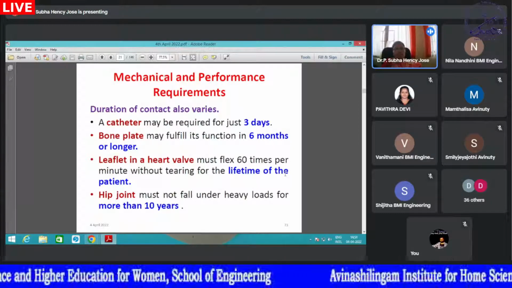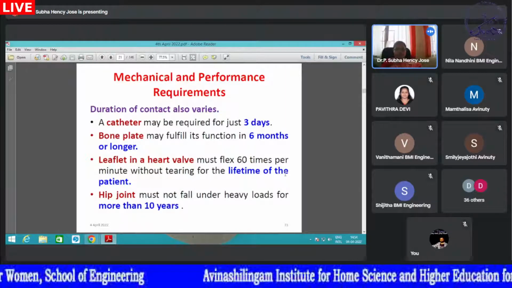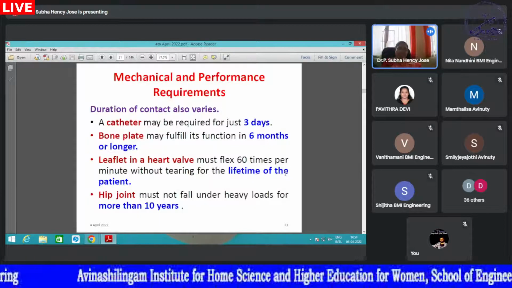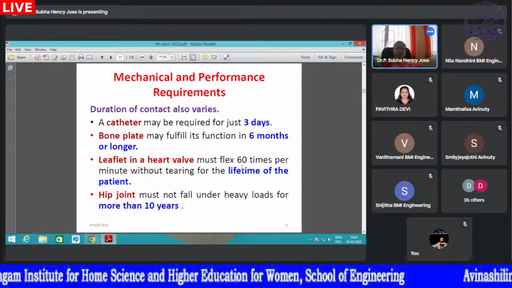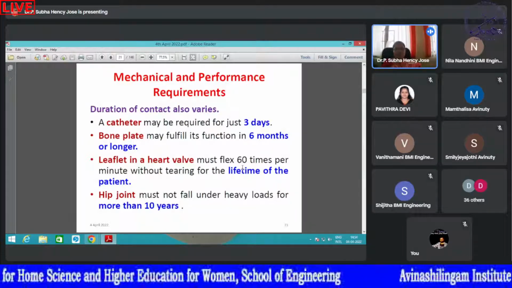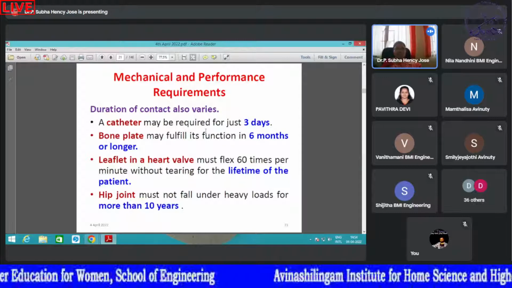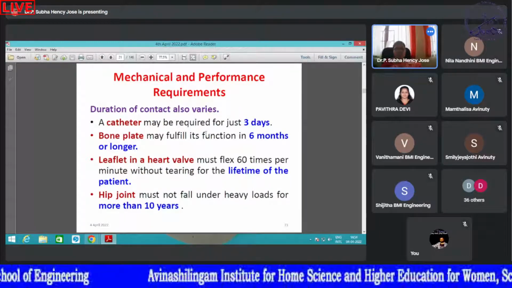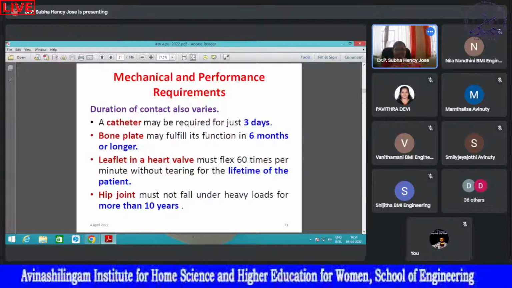Not only that, it should work for the lifetime of the person. Otherwise, it's not possible to replace the heart valve again and again. So for all these things, you have to consider the mechanical performance requirements, as well as the biochemical and physical ones. All these requirements are necessary so that these biomaterials can be employed in the body and last long.